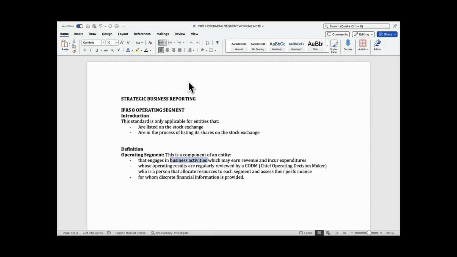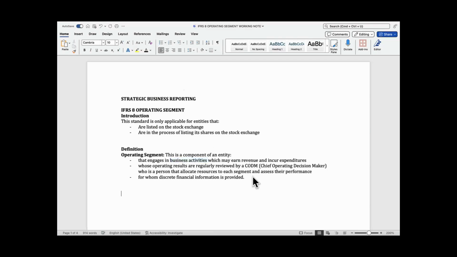They are just incidental. They are just assisting the other major segments. Those other ones that without them, we cannot function, without them, we will not be able to make more money, those ones are actually operating segments.